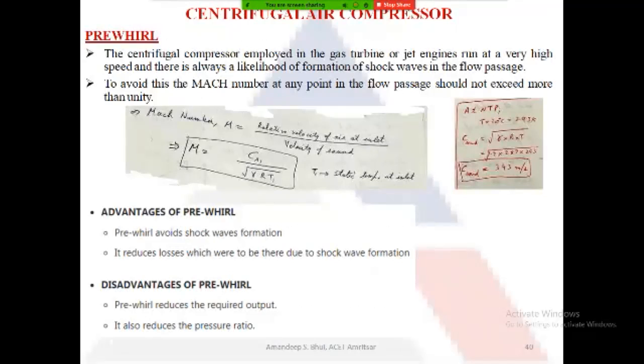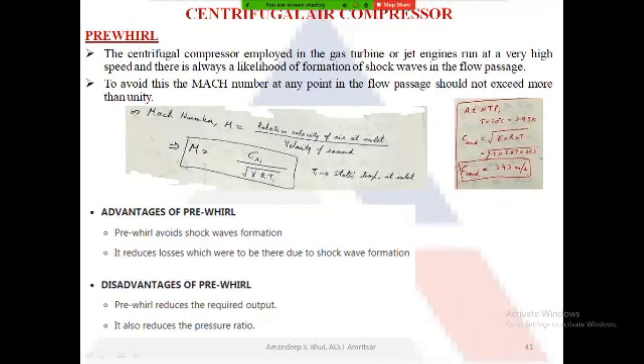Okay. Next topic is pre-whirl. Now, if we talk of the inlet to the centrifugal compressor, the air that is entering. Now, these centrifugal compressors are used inside gas turbines and jet engines, and those jet engines and gas turbines run at a very high speed.